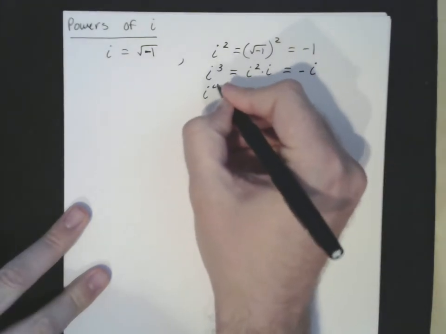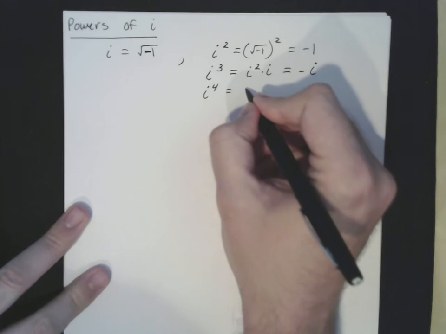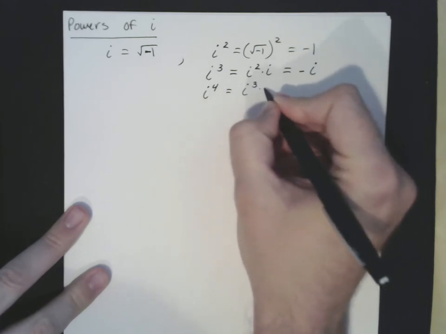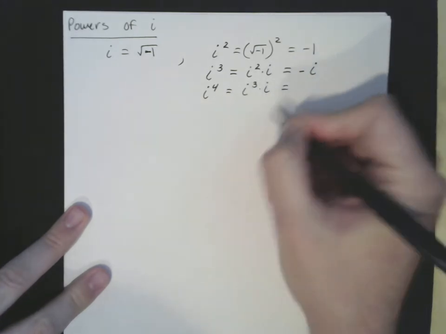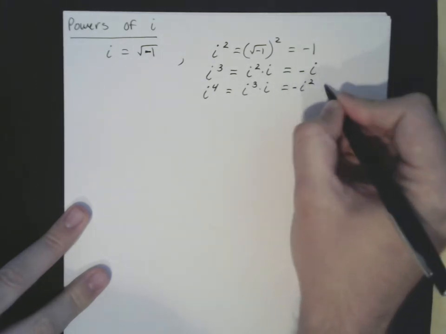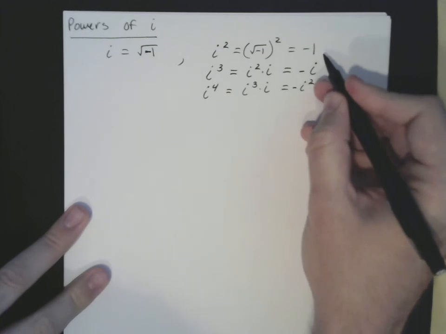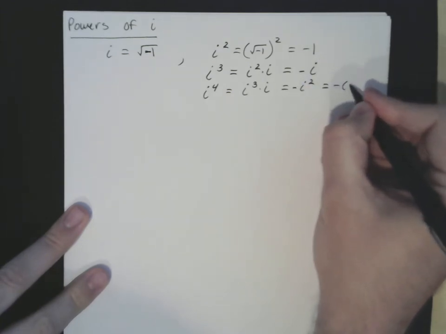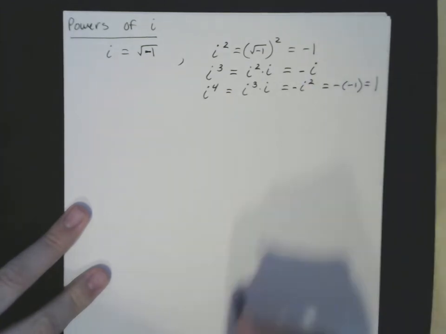And then for i to the 4th, this is i cubed times i. So this is -i squared. i squared is -1, so this is -1, or just 1.